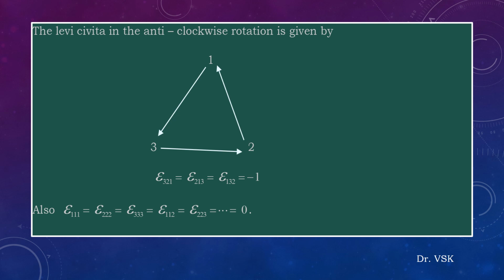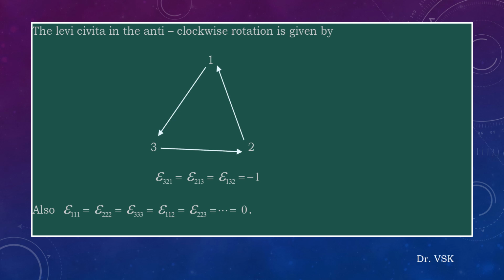In the remaining cases, epsilon suffix 111, epsilon suffix 222, or epsilon suffix 333, or epsilon suffix 112, or epsilon suffix 223, etc., the value of the Levi-Civita is 0. Here we can observe one thing.